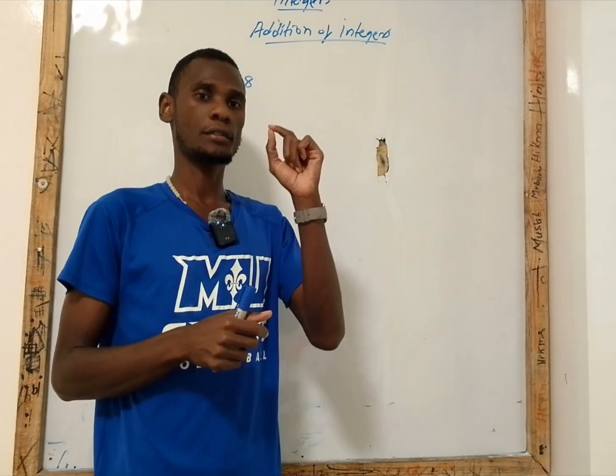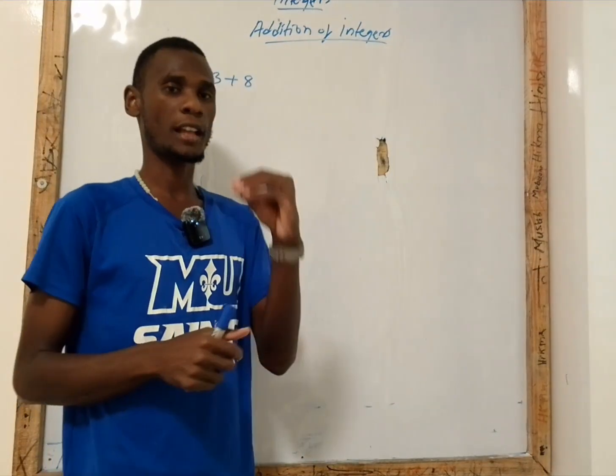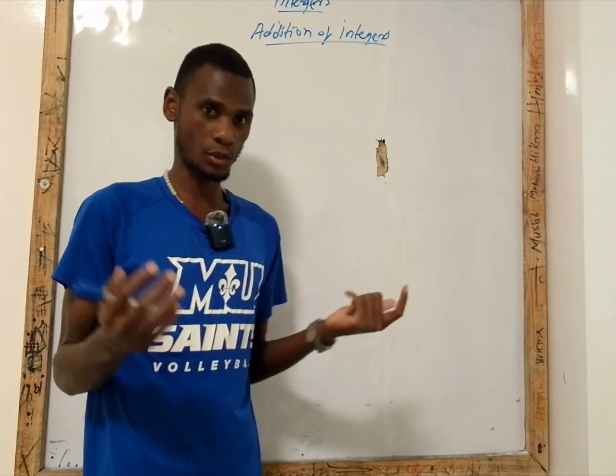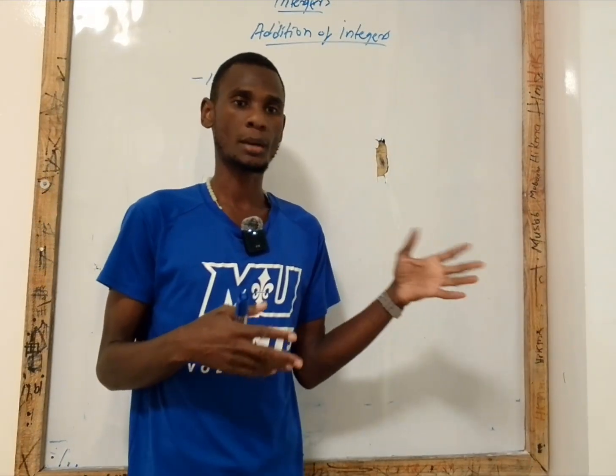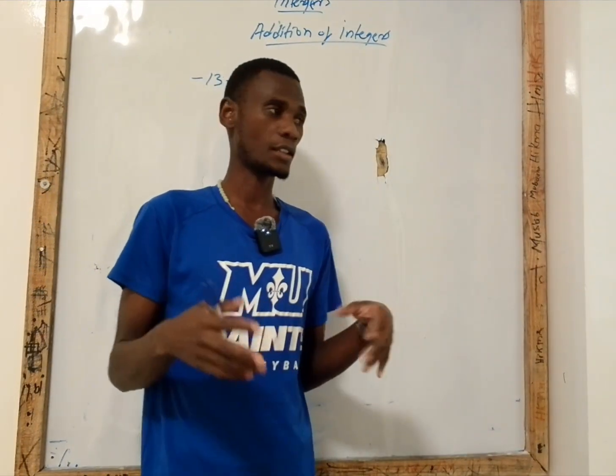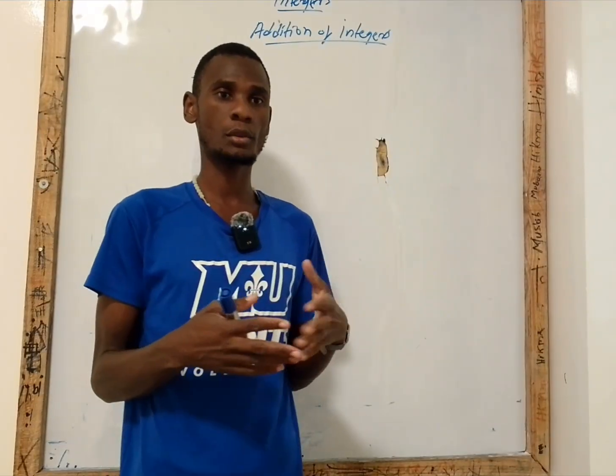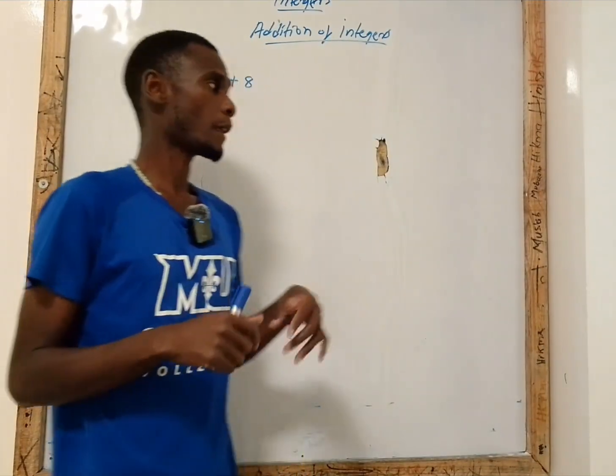If you have nothing, that means you have zero. Somebody comes to borrow some little amount and you have nothing, so you will not give anything because you don't have anything.